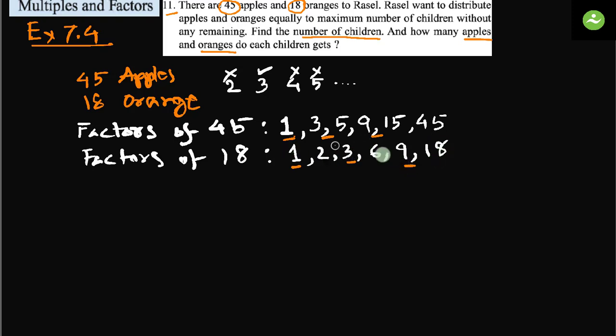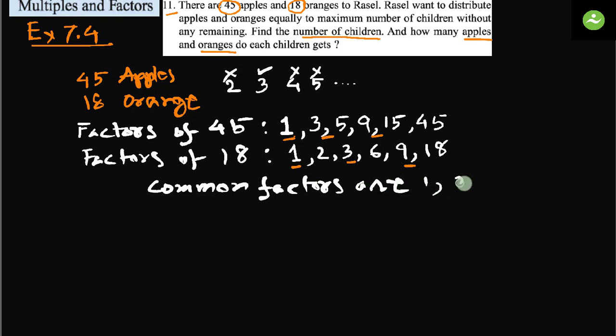So there are 3 common factors. Common factors are 1, 3 and 9.